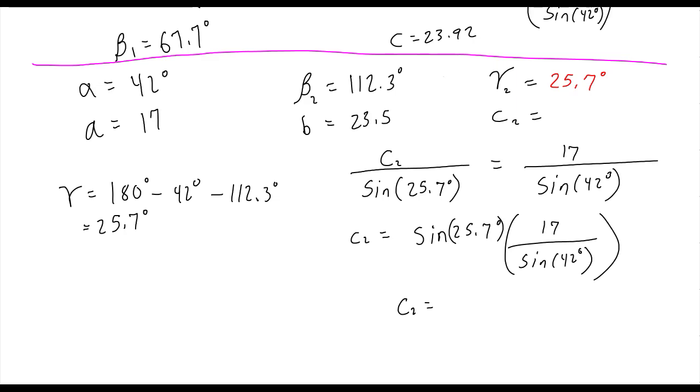And then I type that in my calculator. So sine 25.7 times 17 over sine of 42, close parentheses. And that gives me 11.02.